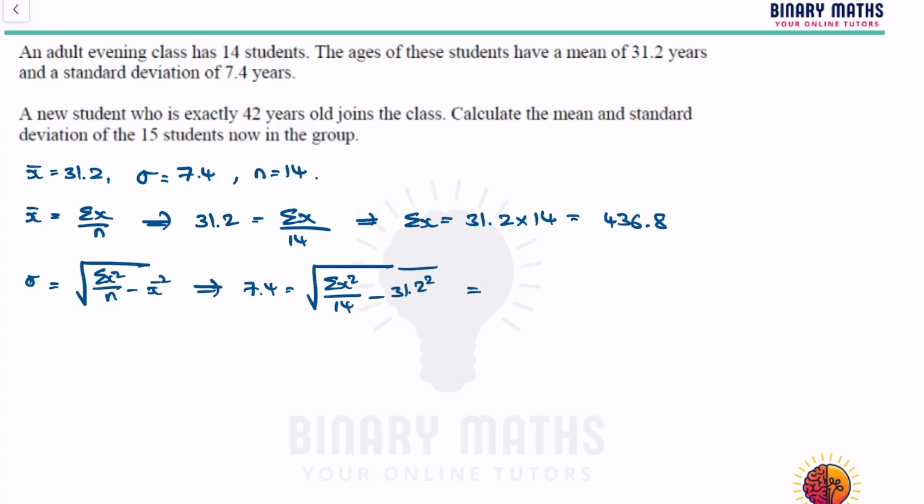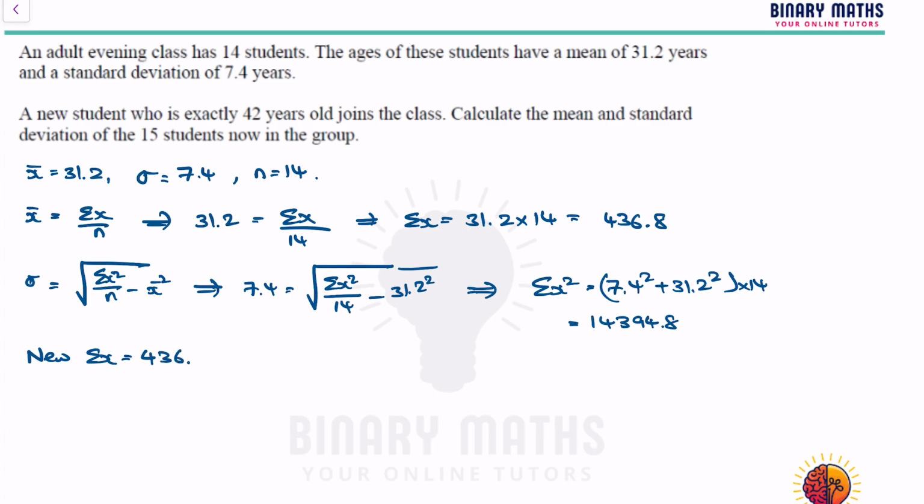Now, if I rearrange to find sum of x squared, first thing I need to do is square 7.4, add it to 31.2 squared, and times it by 14. Sum of x squared will be equal to 14394.8.